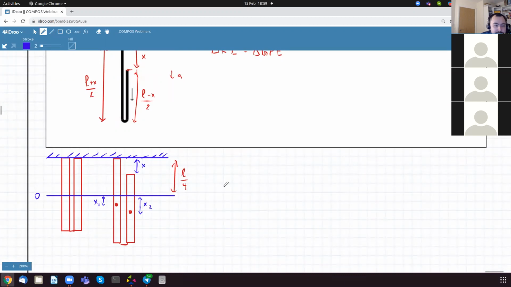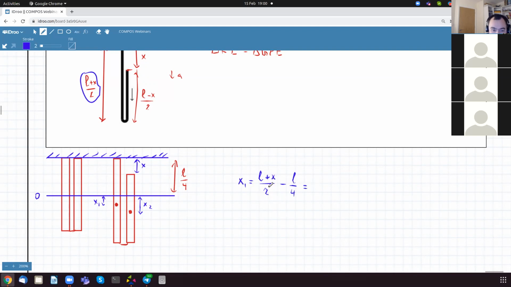There are different ways you can do it, but I know that x1 is the center of this rope, and the center of this rope is L plus x over 4 minus L over 4. So x1 is going to be L plus x over 2 minus the initial position of the center of mass, which is L over 4.